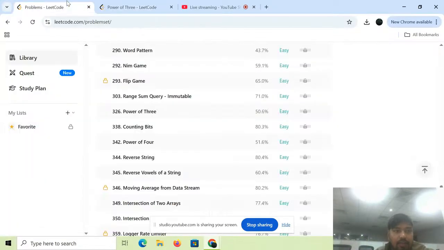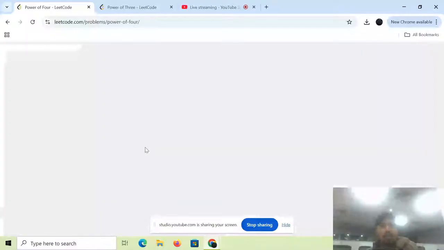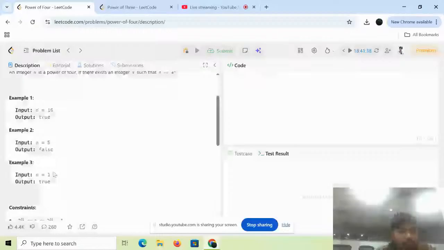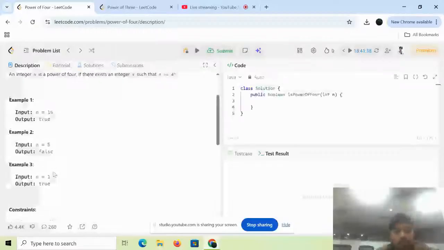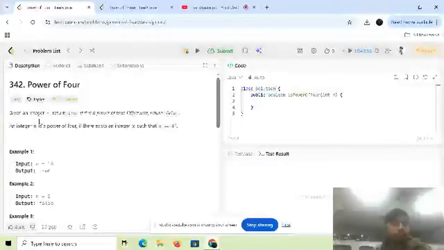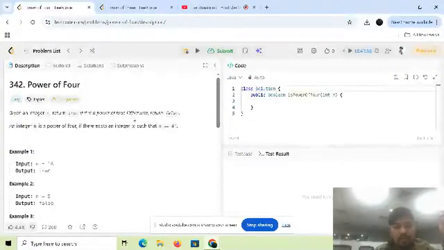Okay, fine. Now I'm going to solve Power of Four, using the same approach, same condition. Given an integer n, we have to return true if it is a power of 4.